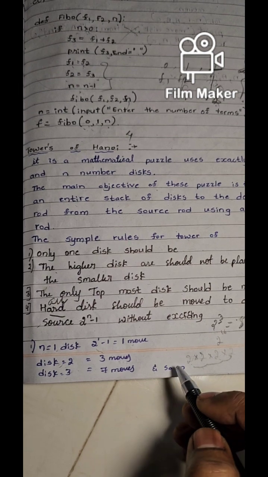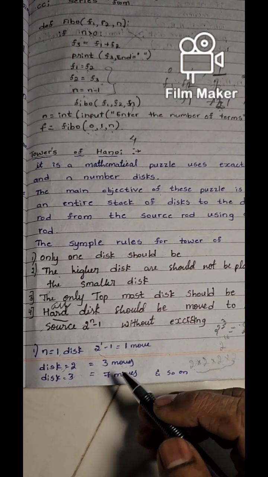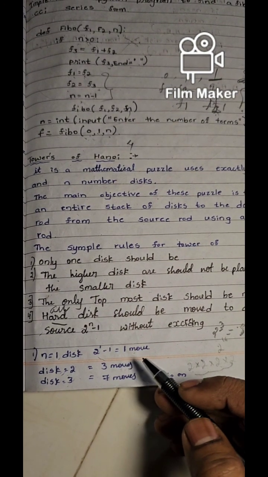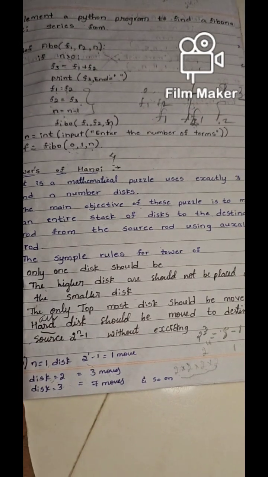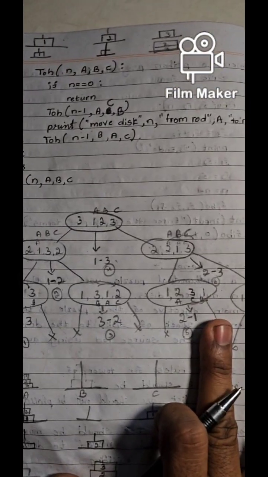And this continues. If n is 4, 2 power 4 is 16, minus 1 gives 15 moves, and so on. Now let us see the program and how it works.